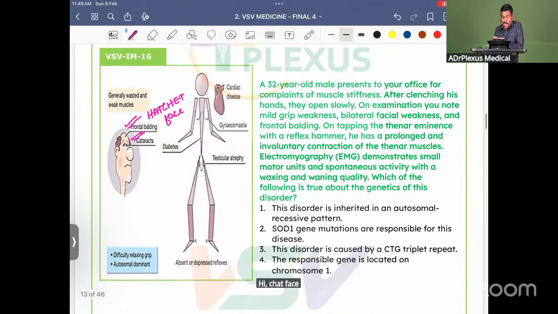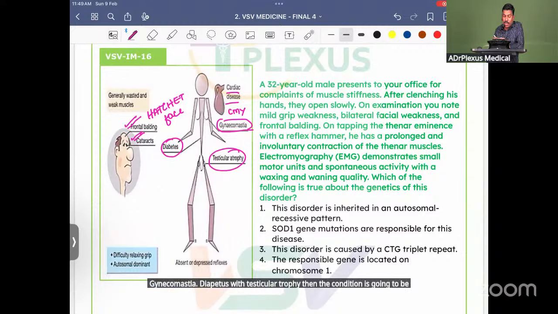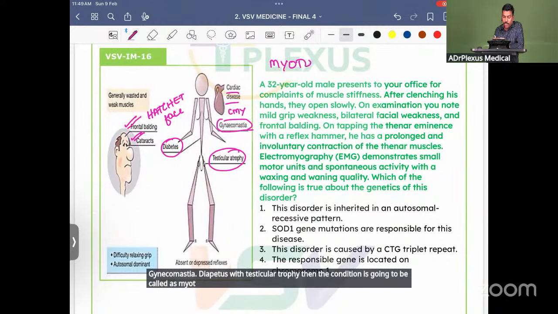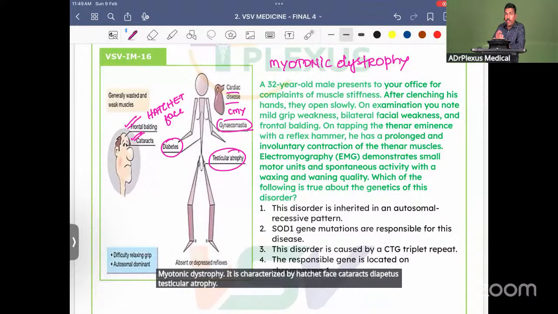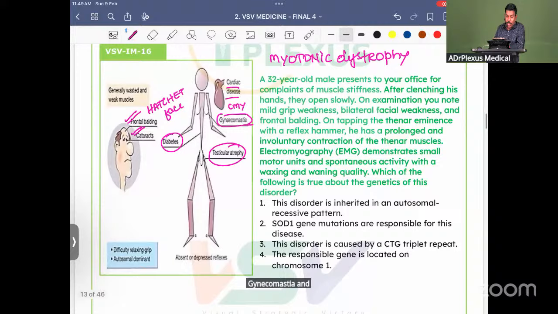Along with hatchet face, if a patient has cardiomyopathy, gynecomastia, diabetes with testicular atrophy, then the condition is myotonic dystrophy. It is characterized by hatchet face, cataracts, diabetes, testicular atrophy, gynecomastia, and cardiac disease in the form of cardiomyopathy.